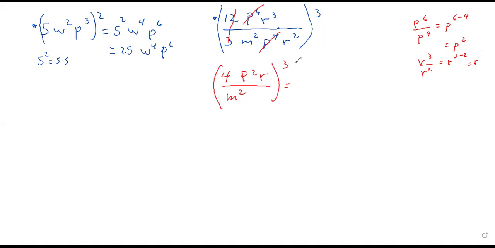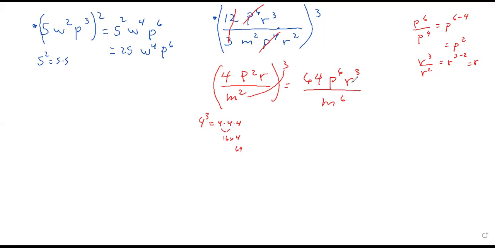And we have 4 to the third. 4 times 4 times 4, 4 times 4, 16 times 4, 64. So I have 64. P, 2 times 3, 6. R, r to the first times 3 is r to the third. And here I have m to the 6. And that is our answer.